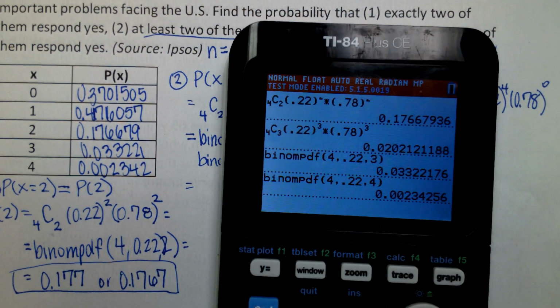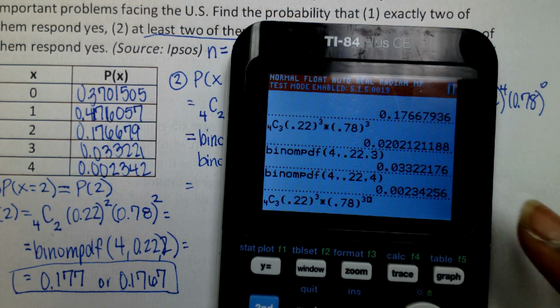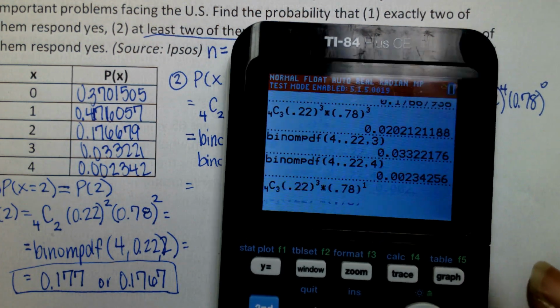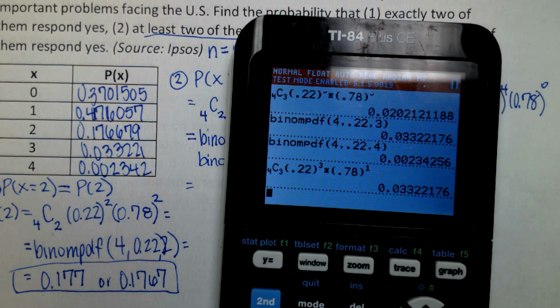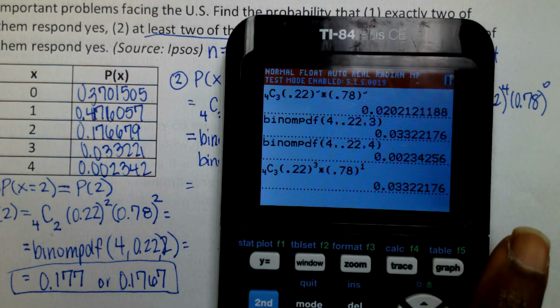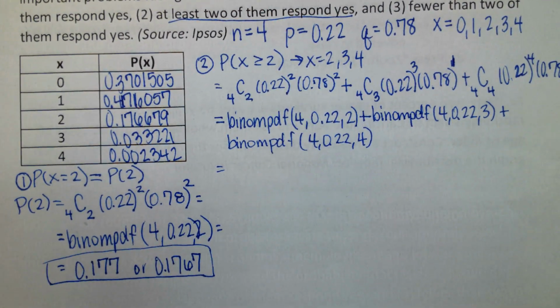Sorry. There we go. That makes sense. Yeah. So second enter will allow you to copy and paste. So that way you don't have to do it over and over again. Alright?